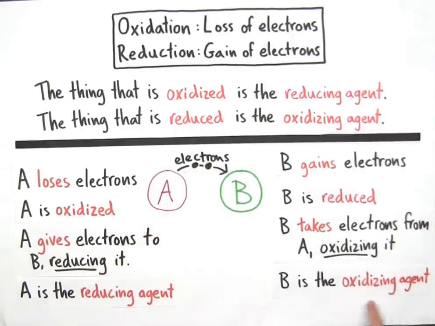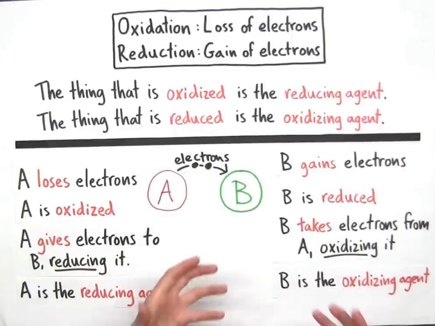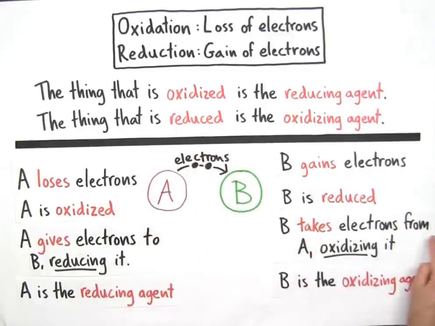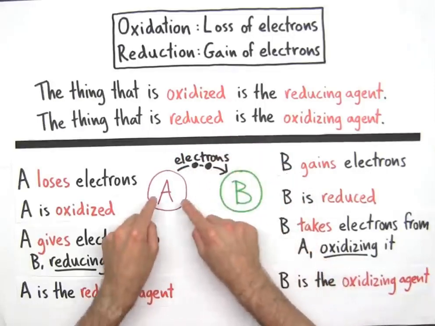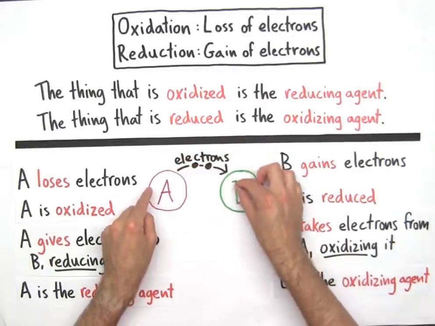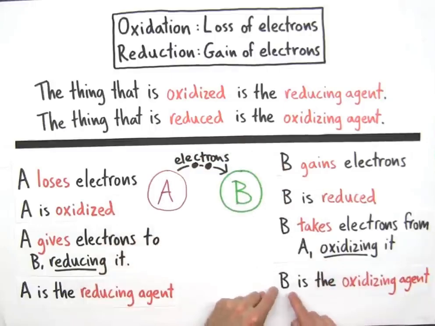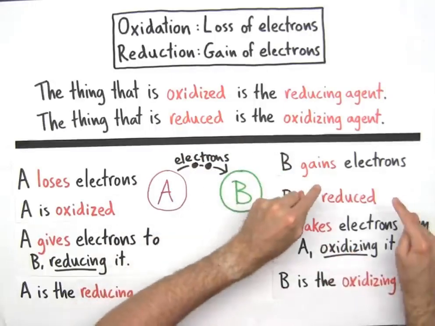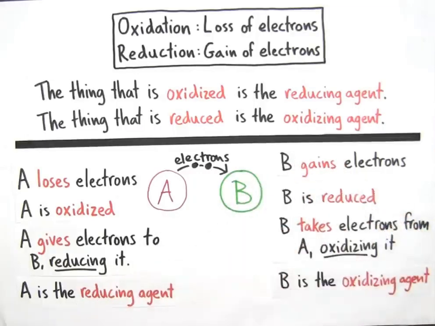The oxidizing agent allows oxidation to take place. So it takes electrons from the atom or the compound that is being oxidized. It itself is reduced and it gains electrons.